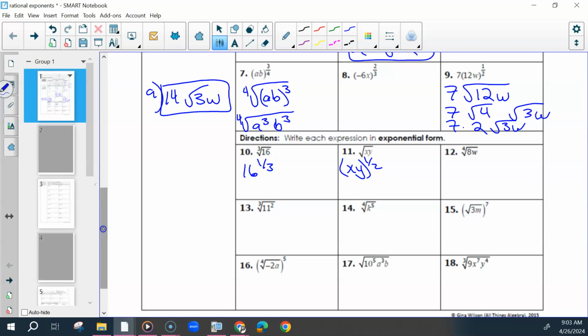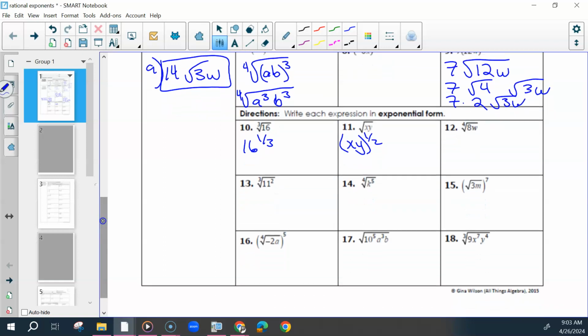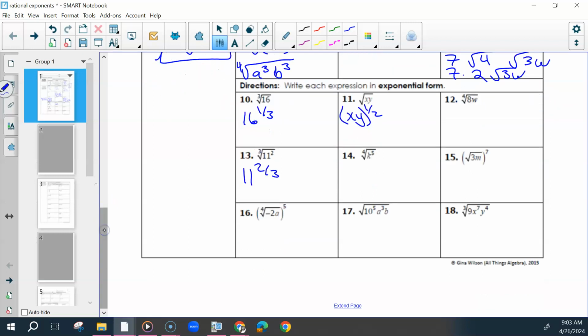What about number 13? Sorry, for 13. 11 to the power of 2/3. Good.